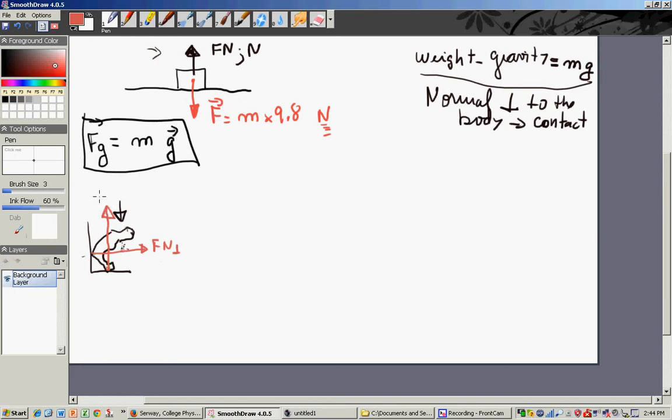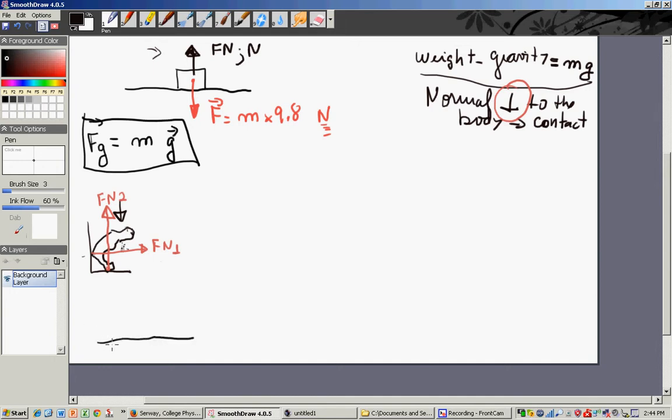And I have another one that is acted from the floor on the foot of that person, which I'm calling Fn2. So there are two normal forces, different because, again, normal is always perpendicular to the body in contact, right?